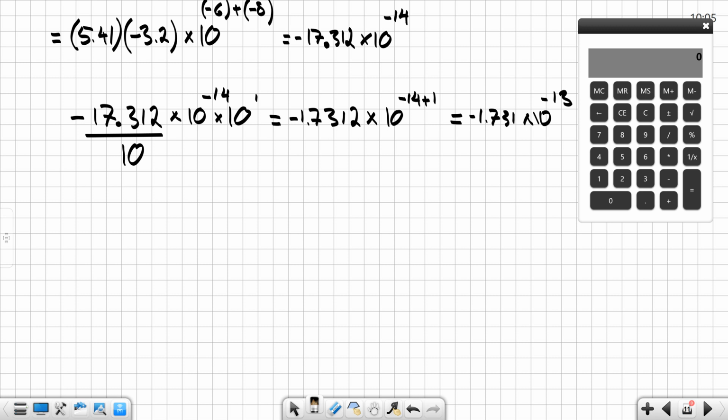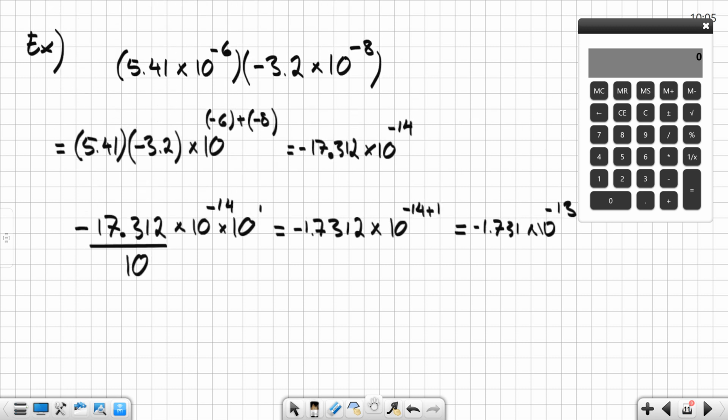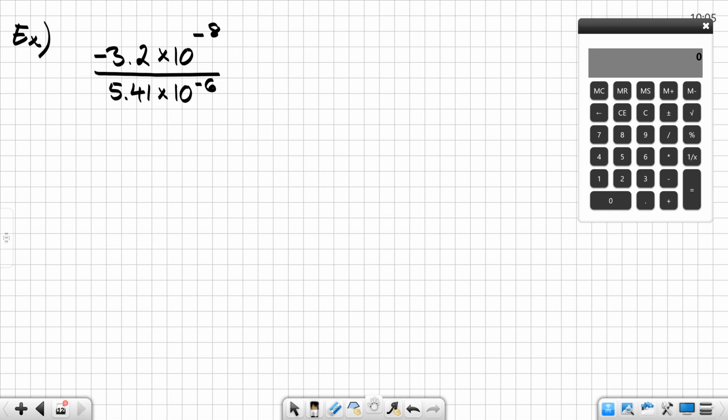So let's have a look at the second example, division. A negative 3.2 times 10 to the negative 8 divided by 5.41 times 10 to the negative 6. What am I supposed to do? I believe those are the same numbers in scientific notation. The first one was multiplication. Now we're dividing them.